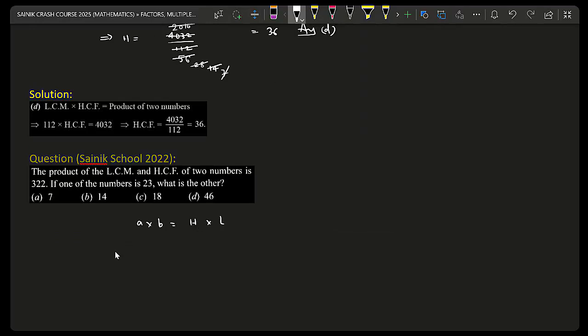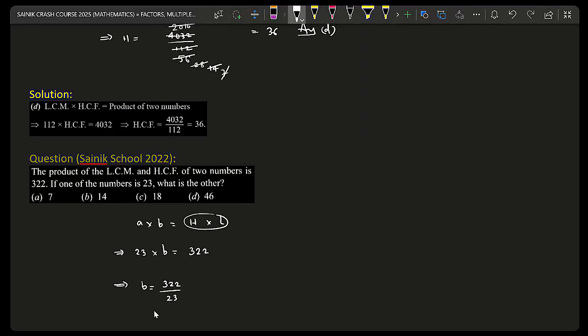And one number is given, 23, so in place of A we can write 23, into B. What is given? LCM and HCF product is given. HCF and LCM individually we don't know, but the product together is given, 322.